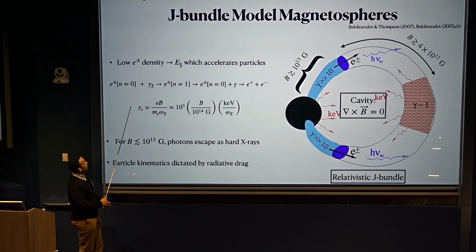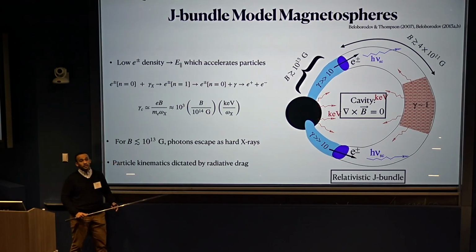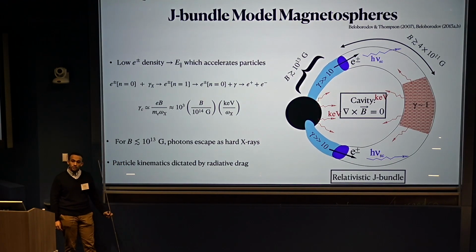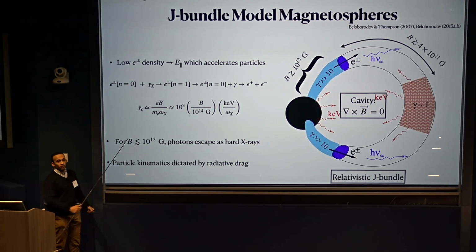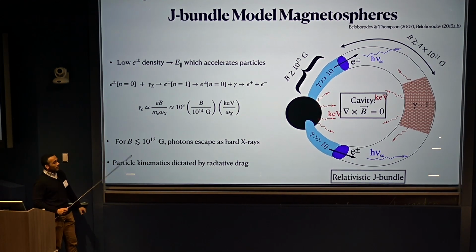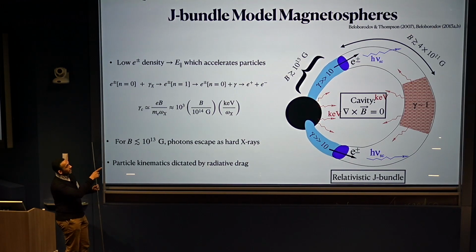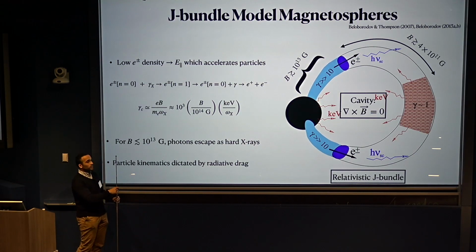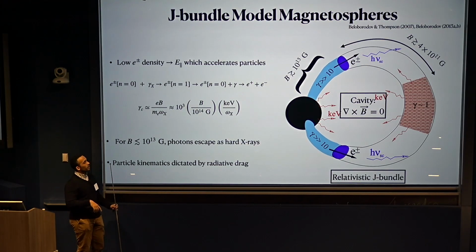And the energy that they reach is set by what's called resonant inverse Compton scattering. The idea is that these accelerated particles are seeing thermal photons from the surface of the neutron star. And at a characteristic gamma factor of about 1,000, in the rest frame of those particles, those roughly keV photons have an energy equal to the spacing between their Landau levels.